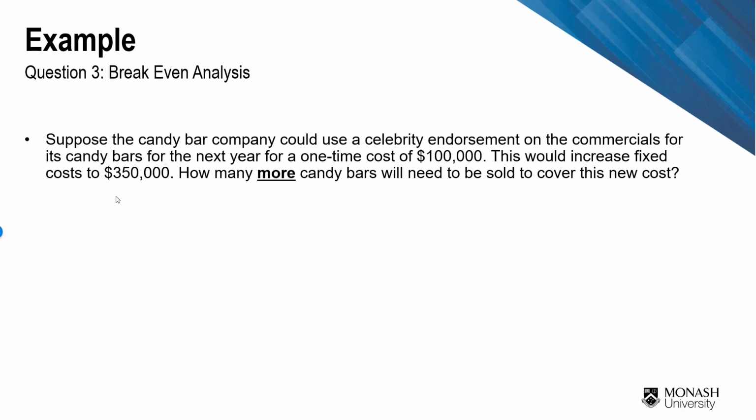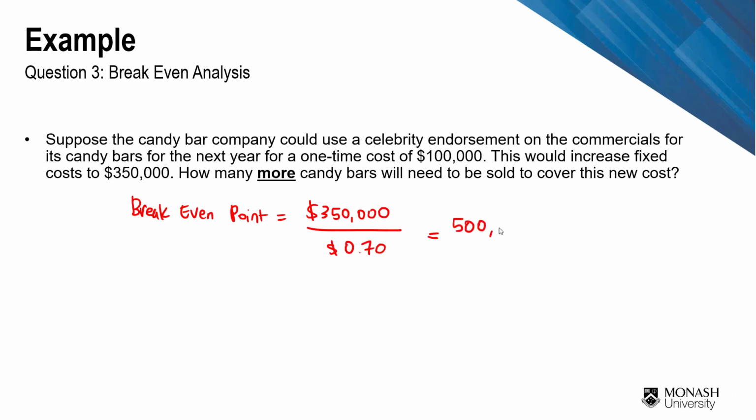Well, now our break-even point, instead of 250, is now 350 divided by 0.70. So this is 500,000 candy bars.